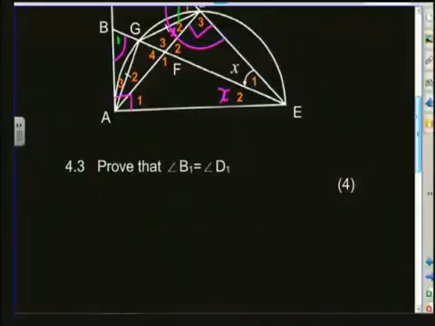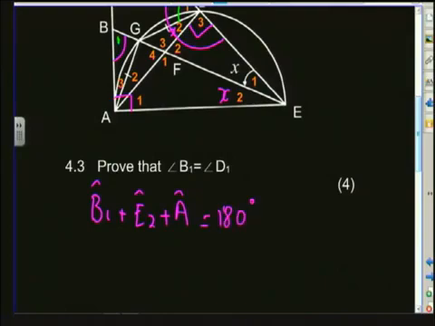Okay, we're going to start with B1. So I'm going to say angle B1 plus angle E2 plus angle A is equal to 180 degrees, and the reason for that is sum of angles of triangle ABE.